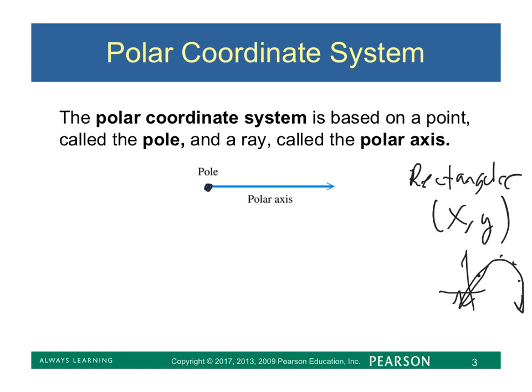And then you have an axis. As you can see, he's starting here and he's going out. And that looks familiar, doesn't it? Looks like a ray in geometry. It looks like a vector when we were doing the trigonometric form of complex numbers. So you're right, it's all of that. He called it the polar axis.